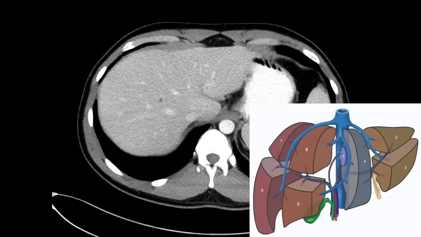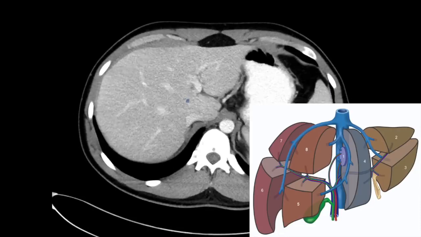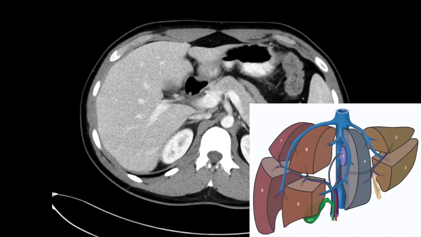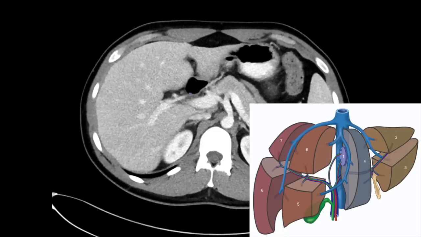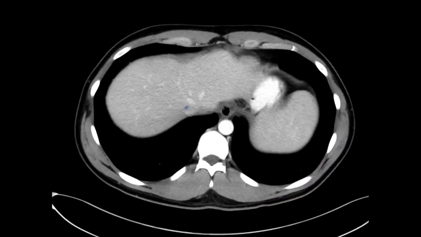And segment 8 is up here. Okay, if you didn't follow that, have a look at the diagram and scroll through some anatomy to better understand the segments. The segments are important to describe abnormalities when you're reporting, as well as have the same nomenclature as the people who you're communicating with.